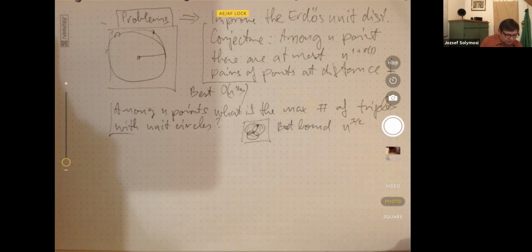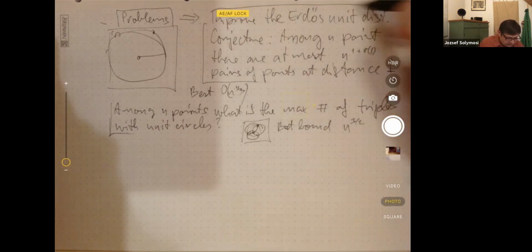And the next question was more like a rigidity question, which would improve the unit distance conjecture bound immediately.